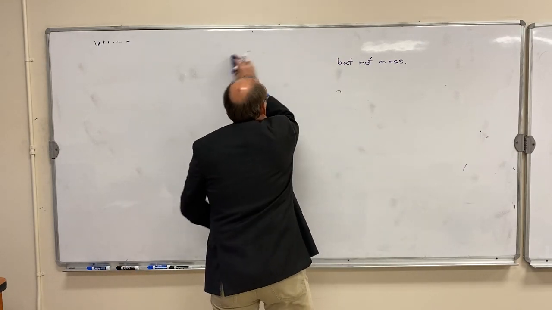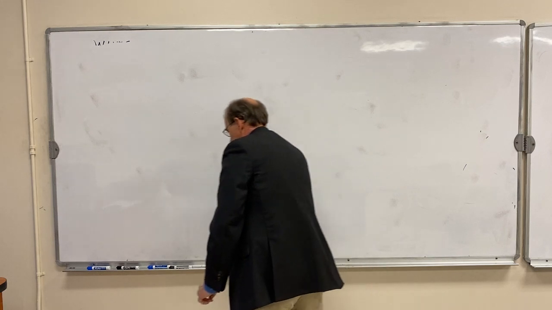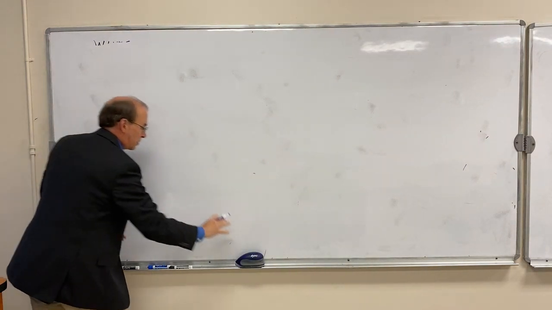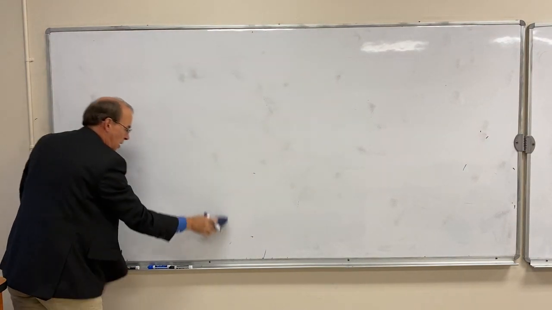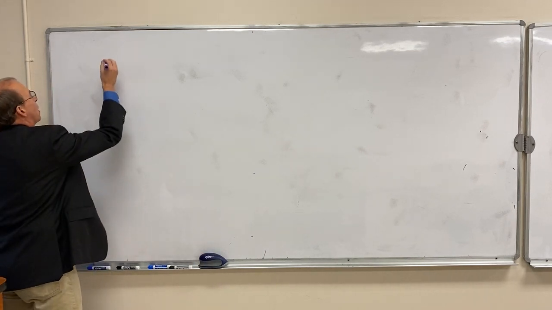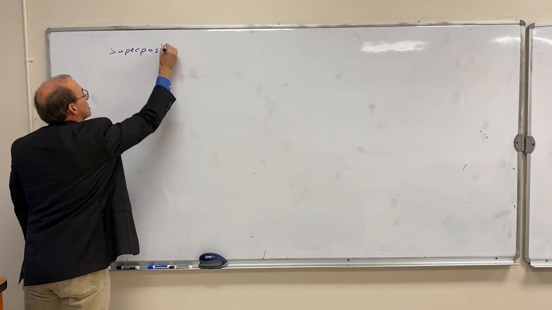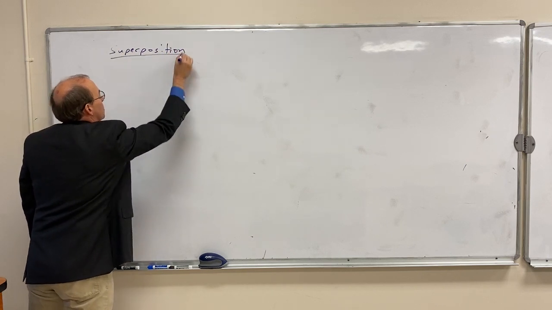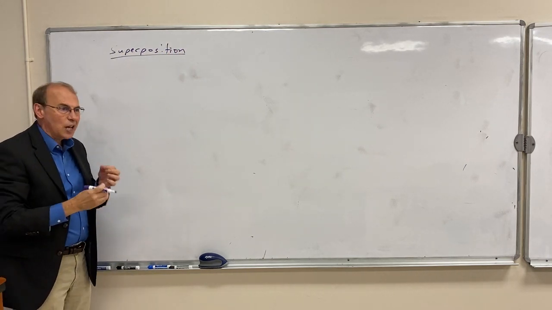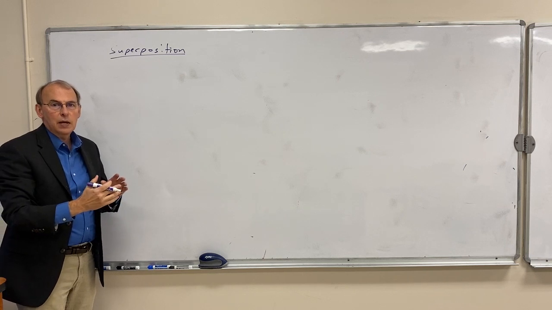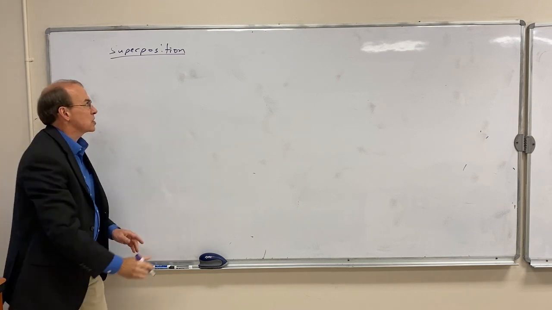Next topic on waves is superposition. Some waves exhibit this important property called superposition. When two or more waves cross the same point at the same time, they add together. That's what superposition means.